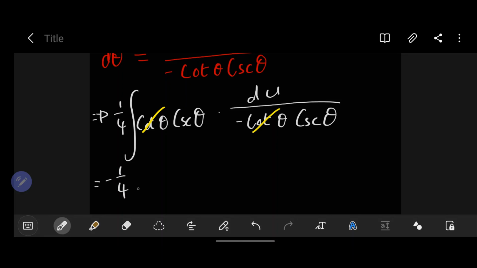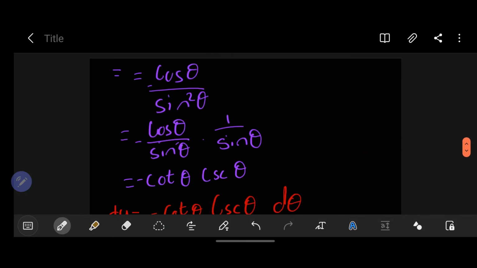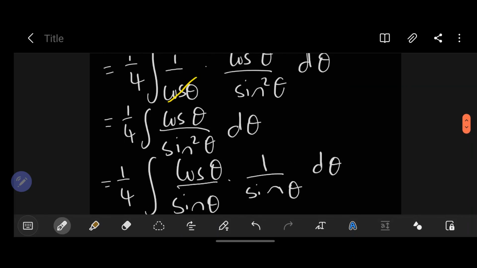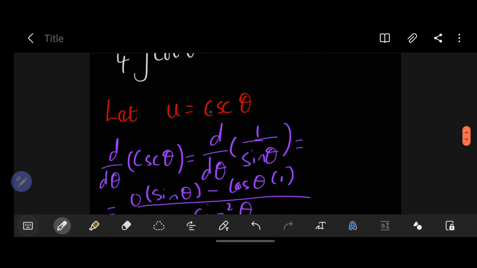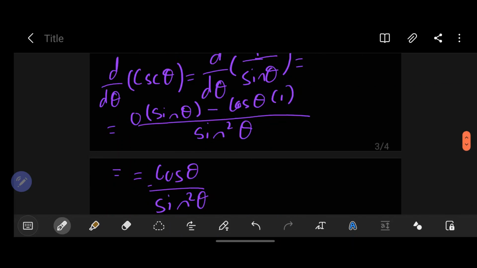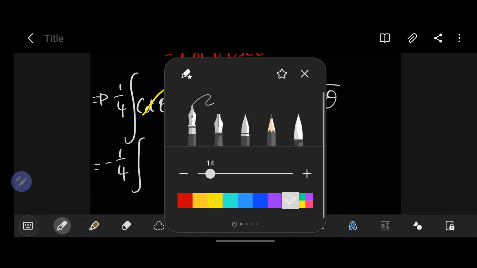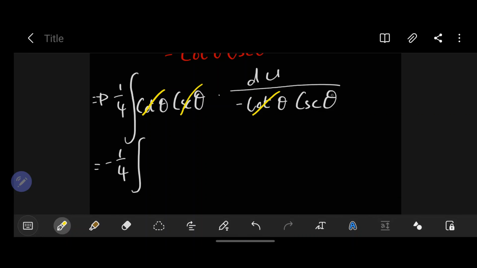Negative 1 over 4. Okay, and then remember that I made cosec theta equal to u. Let u be equal to cosec theta. So I could substitute u in place of cosec, but I don't even have to do that because I can easily just cancel out cosec and cosec.